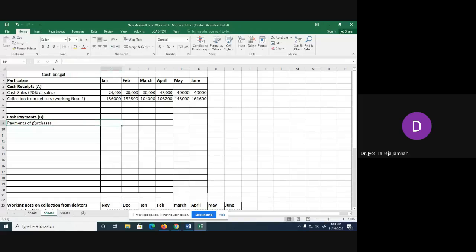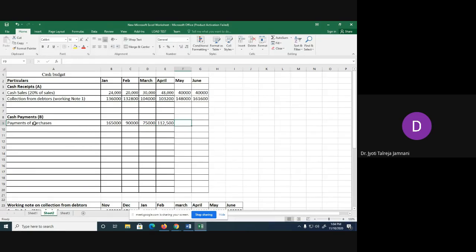We have the values from Jan to June, so we will record those same values here. 1,65,000, 90,000, 75,000, 1,12,500, 1,80,000, and 1,50,000. So here you write working note 2.